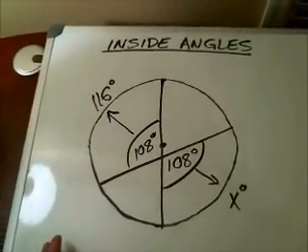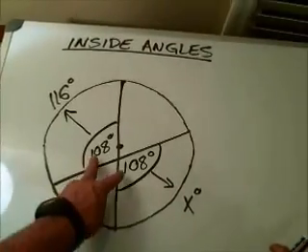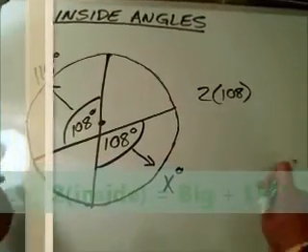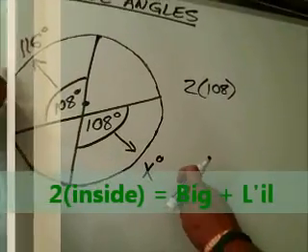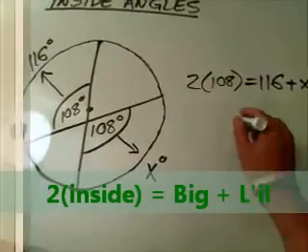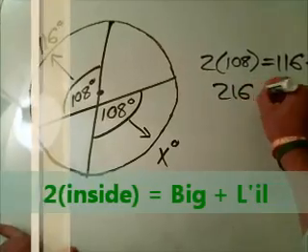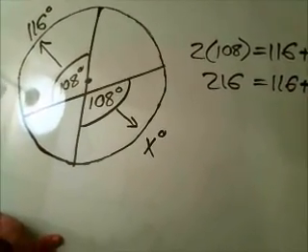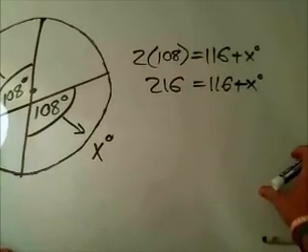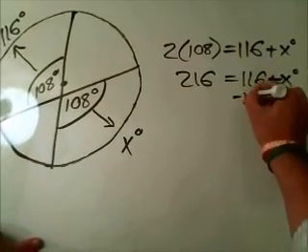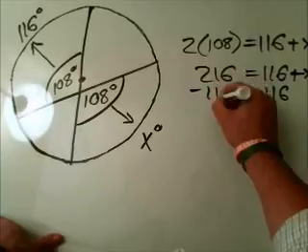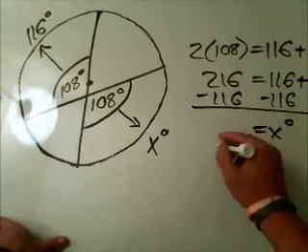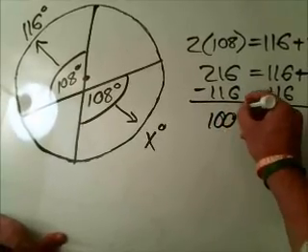If I do the same relationship, two of my inside angles will give me the exact same thing as adding these two together. So 2 times 108 is 216. So 116 plus something is equal to 216 degrees. By just subtracting the 116 from both sides, I find that the measurement of my missing arc is equal to 100 degrees.